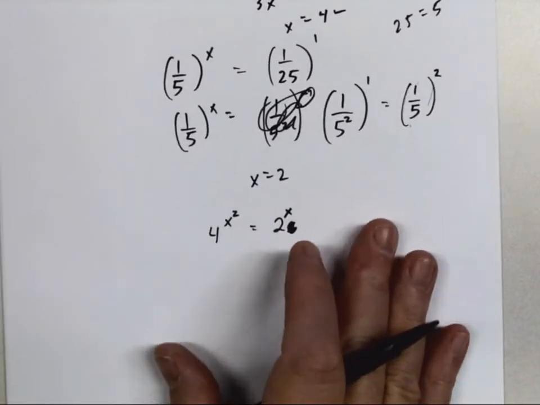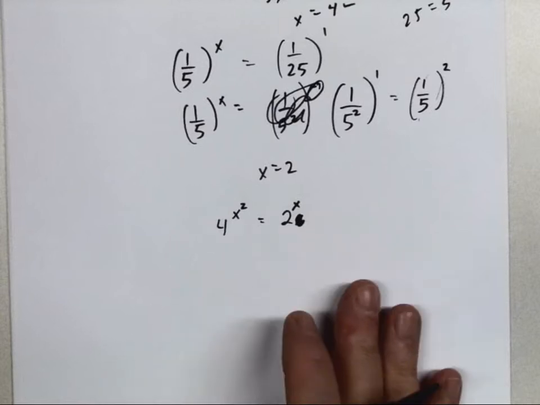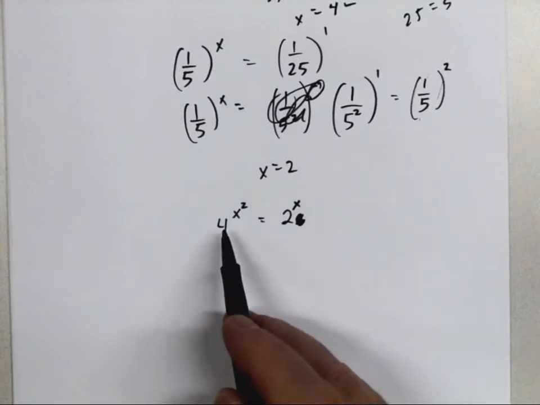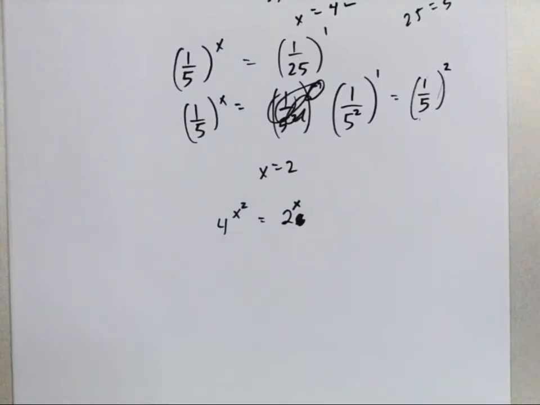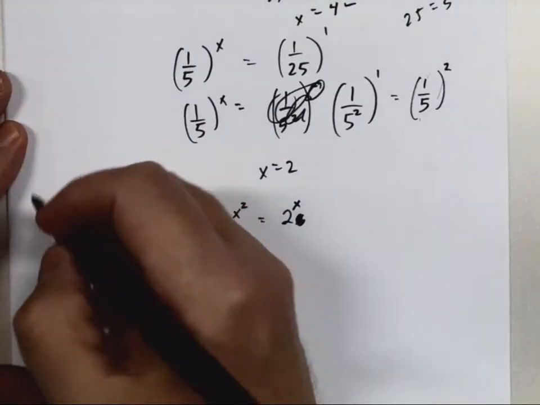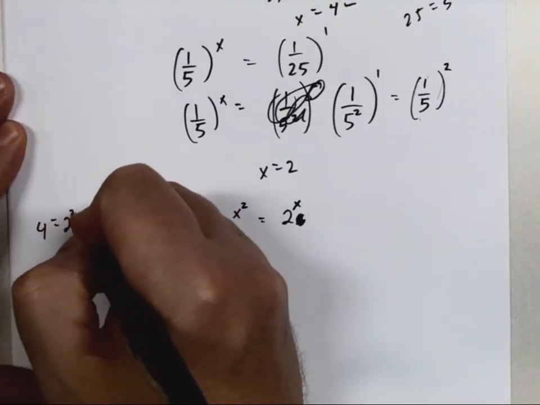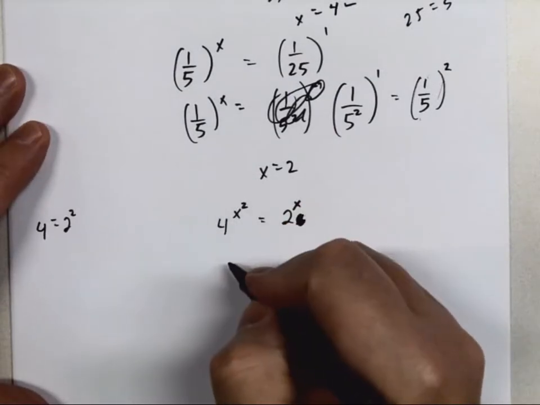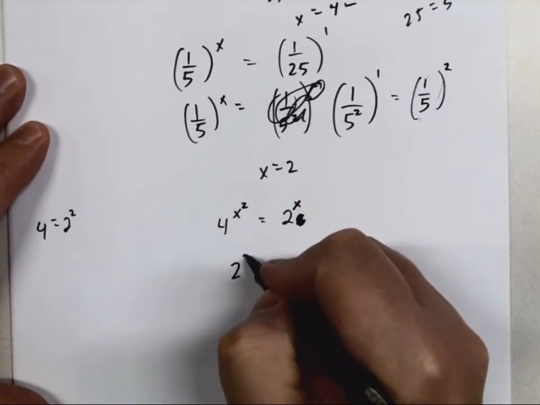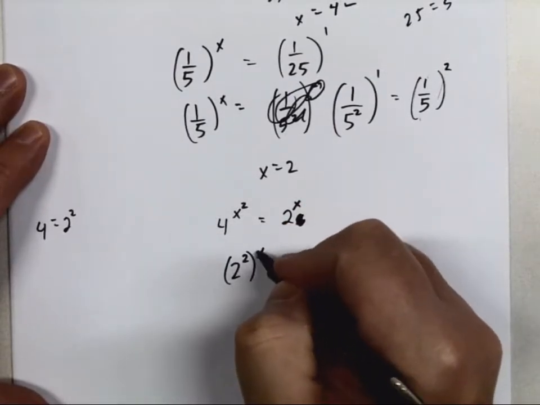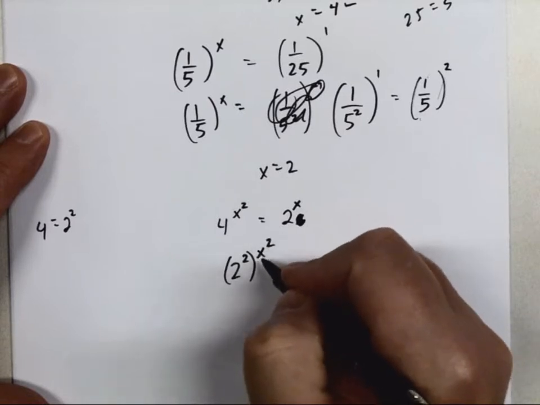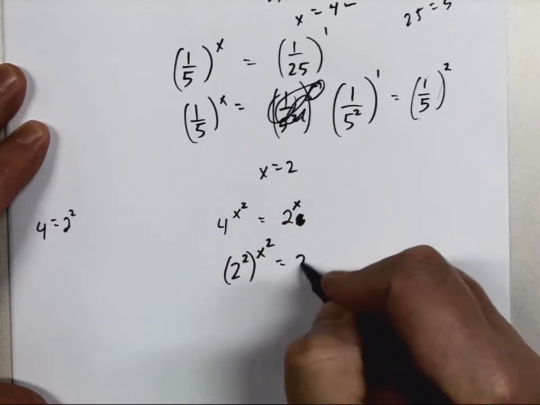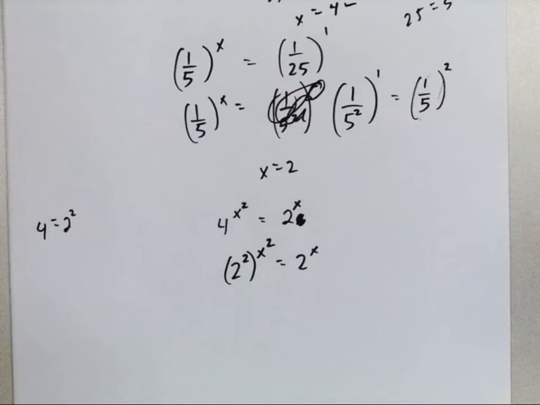So, easiest and best way to solve this is try and have the same base. I got a 4 and a 2, so right now it's not the same base, but then of course you realize 4 is 2 squared. So if I do this, 2 squared raised to the x squared power is 2 to the x.